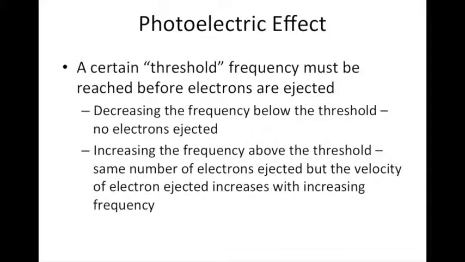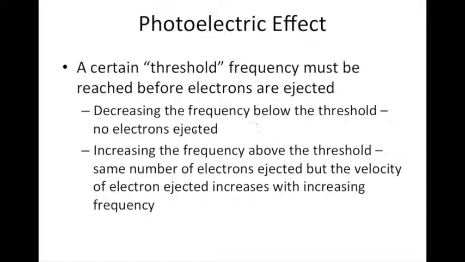So to sum up the conclusions of the photoelectric effect, or the results, there's a certain threshold frequency that must be reached before electrons are ejected. And we saw that with the blue light. The blue light met that threshold frequency, and the violet light was above the threshold frequency, so we were able to get electrons ejected there.